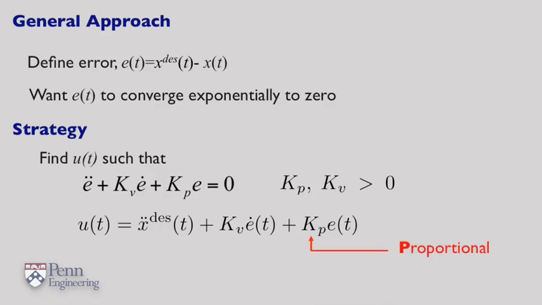So one is called the proportional gain, the other is called the derivative gain. And in addition, you need some knowledge of how you want the trajectory to vary. So you're feeding forward the second derivative of the desired trajectory. This is often called the feed-forward term. And this completes your control law, or the control equation, that then you can use to drive your motors.